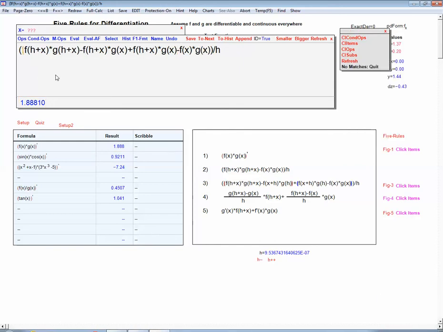The next thing we do is group. Actually, we've got to do a little rearranging first, right? We want to group the first two together, just as we have them there. We group these two together and the second two together.